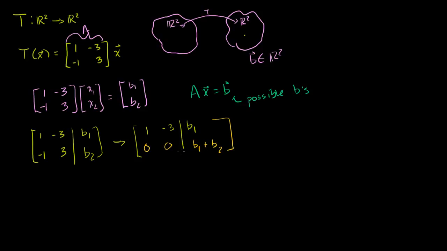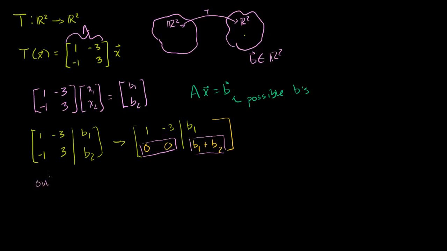I have an interesting situation here, and we've seen it before. I have a row of zeros. And the only way that this is going to actually have solutions is if this thing right here is also going to be equal to 0.